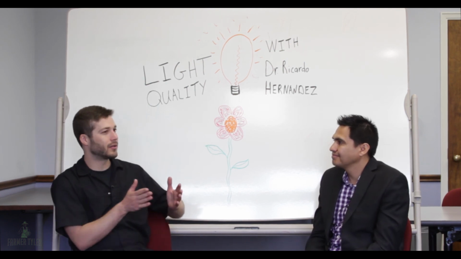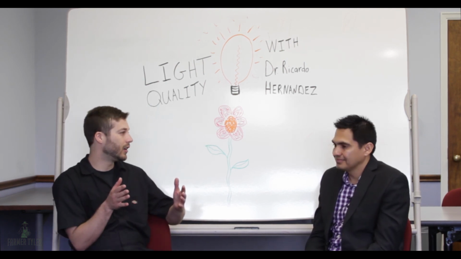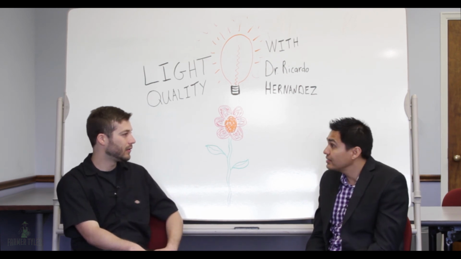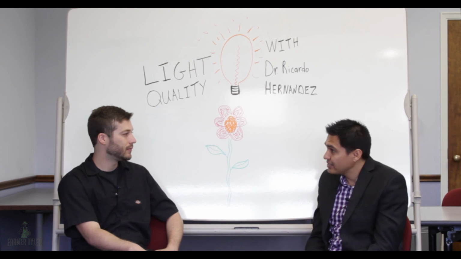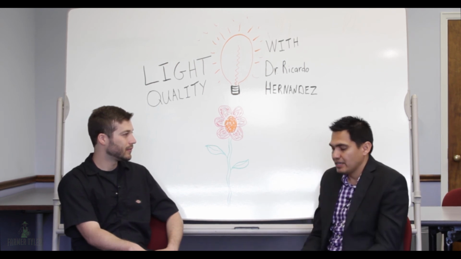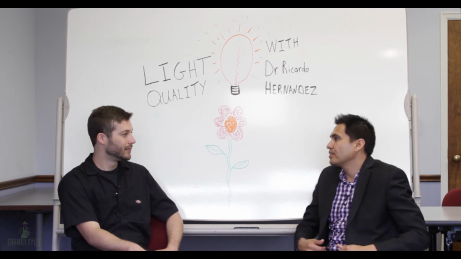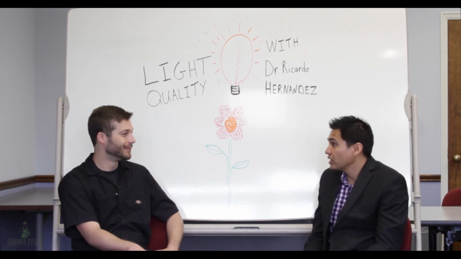This seems like the most cutting edge of horticulture research. Yeah, and we were benefited by the development of the LEDs. Right now we have this capacity to go into very, very detailed and specific wavelengths that is allowing us to discover these other ways to communicate with the plant.